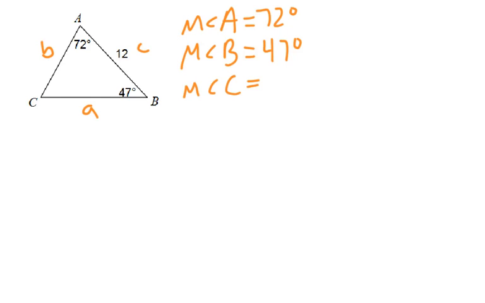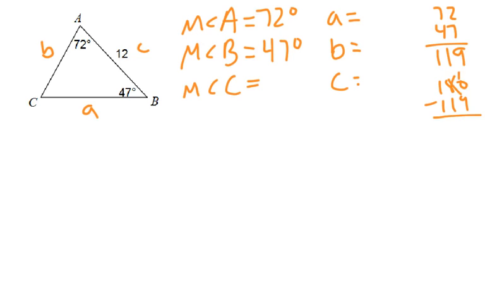Well, of course we can. We just go 72 plus 47, because we know all triangles add up to 180. So that's 119, and 180 minus 119 gives us 61 degrees.